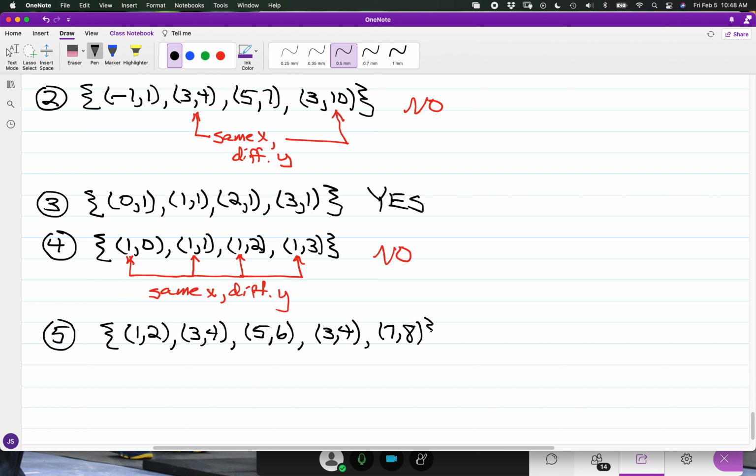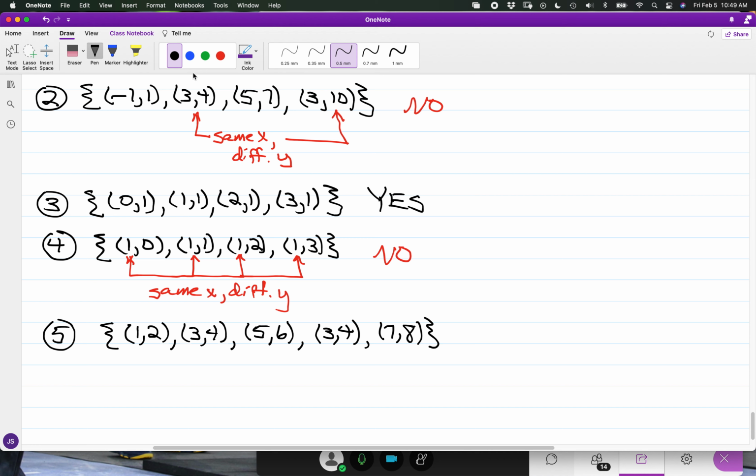Now for the easy parts, 1 appears once as an x value, and so that appears only with 2. 5 appears once, and that is uniquely paired up with 6. 7 appears once, and it appears only with a y value of 8.